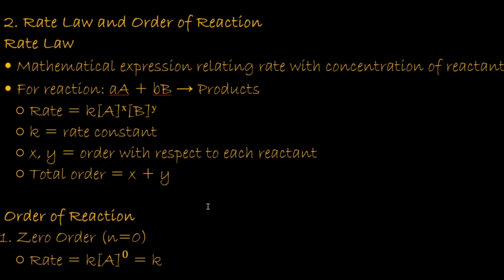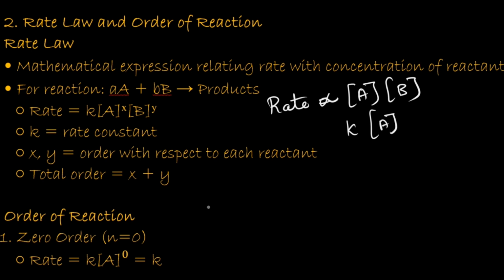The rate will be written as proportional to the concentration of A and the concentration of B. To remove that proportionality symbol, we have to put a constant, that is constant K. So rate equals K, [A] to the power a, and [B] to the power b.